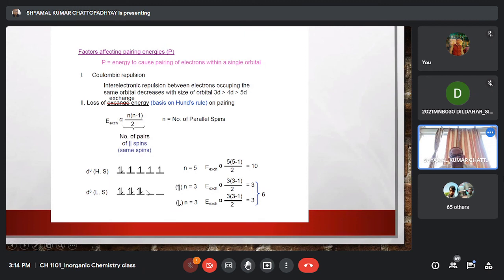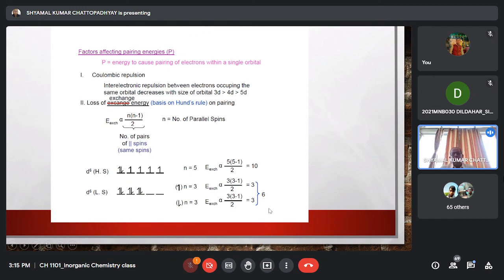So in total, you can exchange the upspin electrons 3 times and the downspin electrons 3 times, so it is 6 times, right? So compared to the spin-free state, that is the high spin configuration, in the low spin configuration we find the number of possible exchanges decreases.